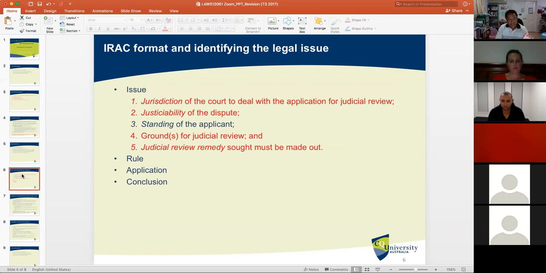Now, if you say this is the issue and then you identify a different rule, then something is wrong. The legal issue delimits and will identify for you the legal rules that you will discuss. And those legal rules will elucidate, and when they are applied, will help you determine whether or not there is scope for judicial review and whether or not there's scope for a particular judicial review remedy. So that's why the legal issue is very important.